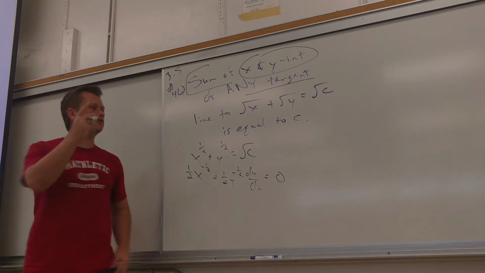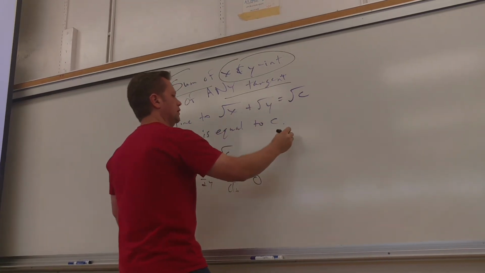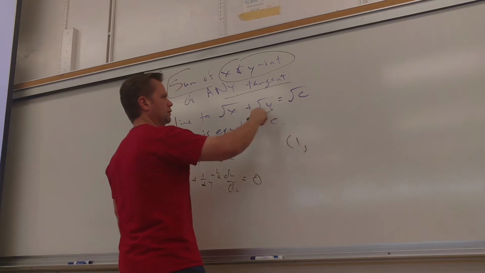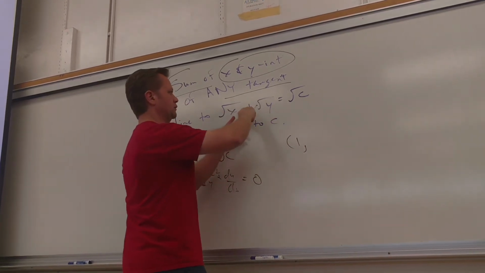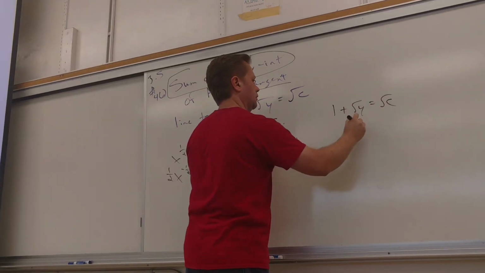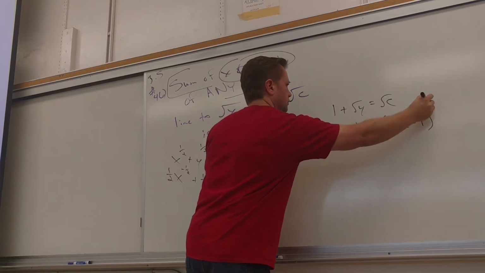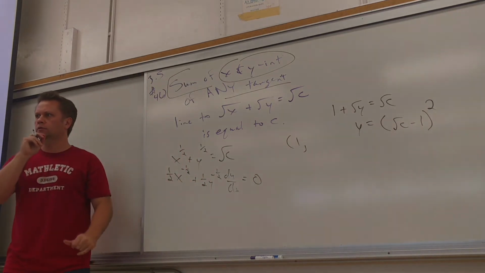So what you could do, let's do a specific example. What about at the point, let's see, if x were 1, what would y be? 0. This gets weird. If x is 1, what would y be? y would equal the square root of C minus 1 squared. Right? You guys with me?